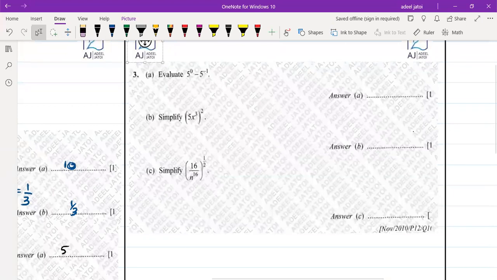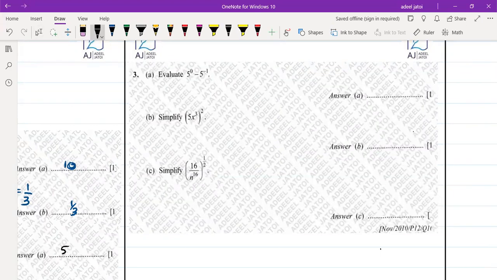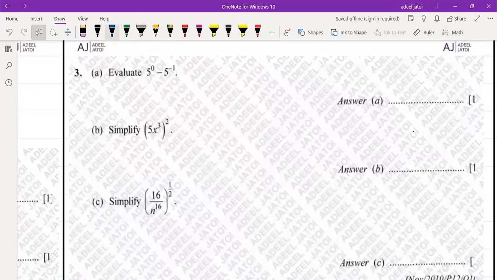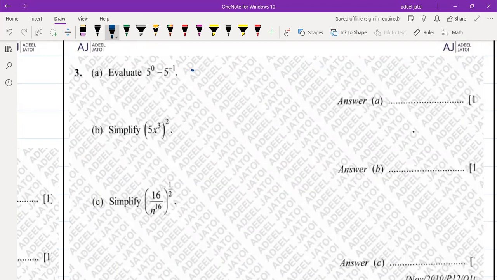Third question. This is from November 2010, paper 1-2. Again, same type of question, but there's a little difference that we need to understand. 5 to the power 0 will be written as 1. Anything to the power 0 will be written as 1. But we also see negative 5 to the power negative 1, and negative 1 means we should take the reciprocal.